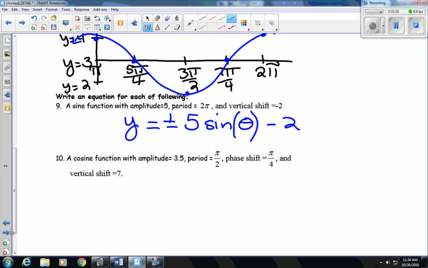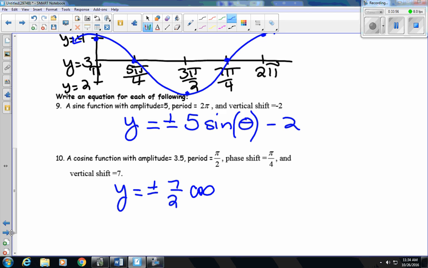What do I start with? Y equals. Then what? Plus or minus. Then what? 7 over 2. Nice. Change that decimal to an exact value. What's the function? Cosine.